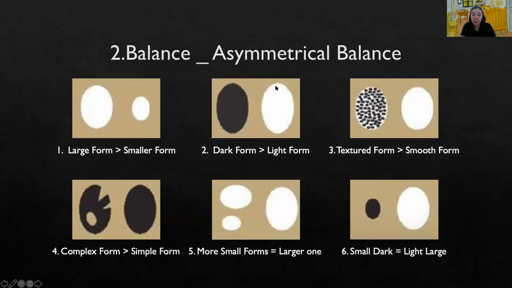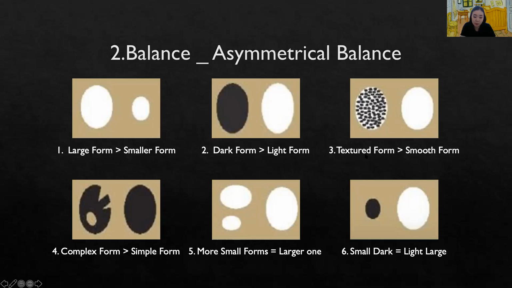So there were 6 asymmetrical balance types we learned, right? So the first one was large form. A large form is visually heavier than a smaller form. And the second one was a dark value form is visually heavier than a light value form of the same size.